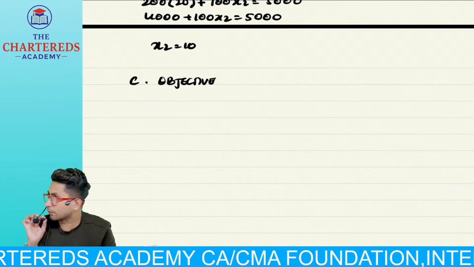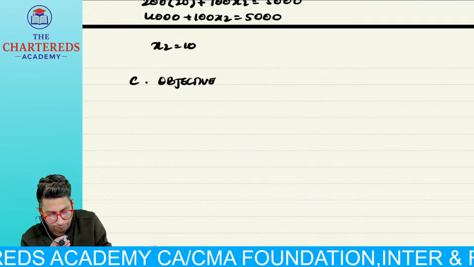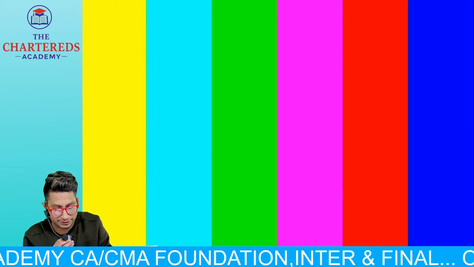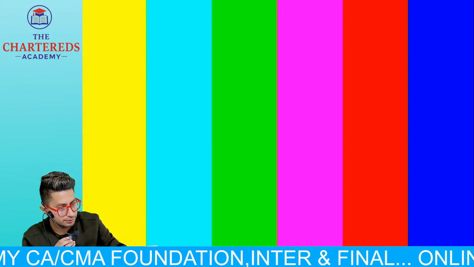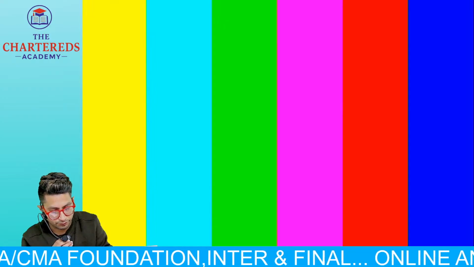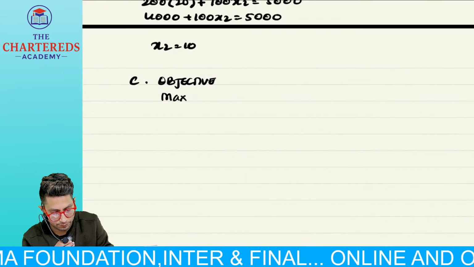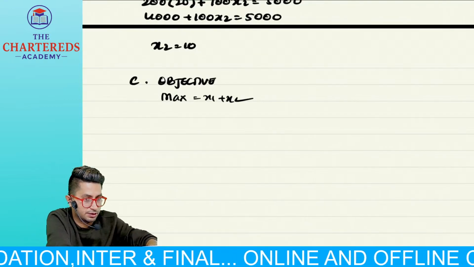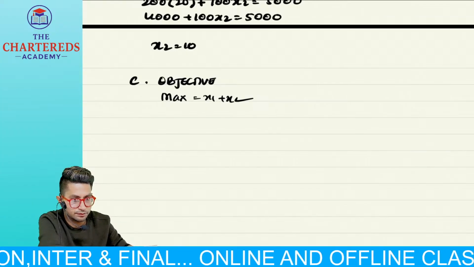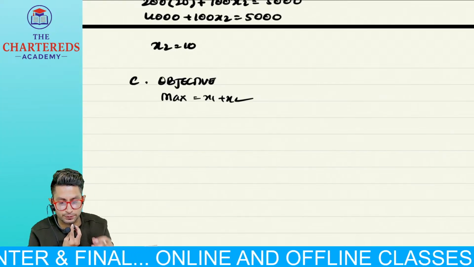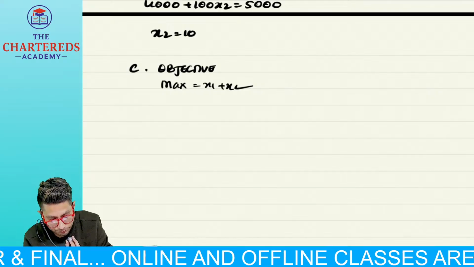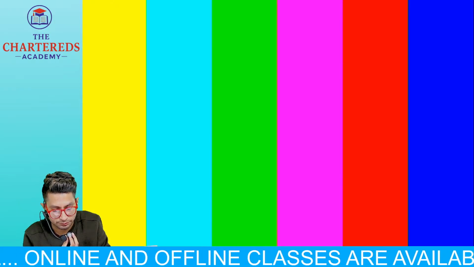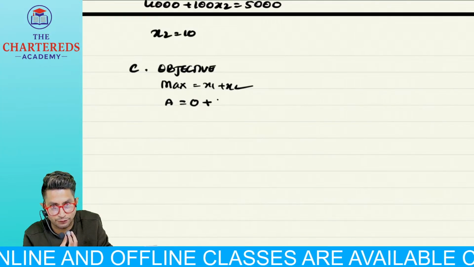What is the objective of a business? Maximize x1 plus x2. Maximize what? X1, x2. Now see, at point A, what is the value of x1? 0. And what is the value of x2? 0.